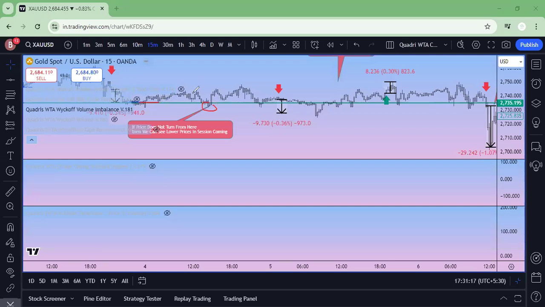This was the first bounce, then second bounce, then price is hugging this level and again trying to break, and this was a breakout, and then again price sustained over here, and then sustained over here. Then we see price piercing through it.